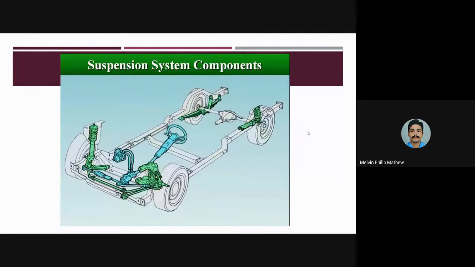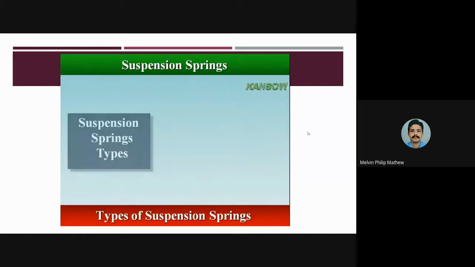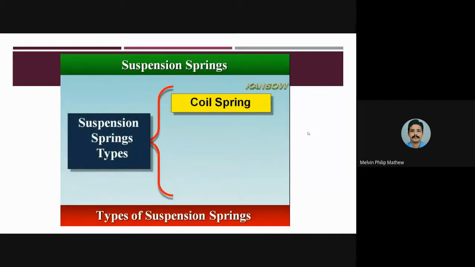The vehicle body is supported by the suspension springs, which are located between the body and wheel axles. There are 4 main types of springs in common use: coil spring, leaf spring, torsion bar, and rubber spring.